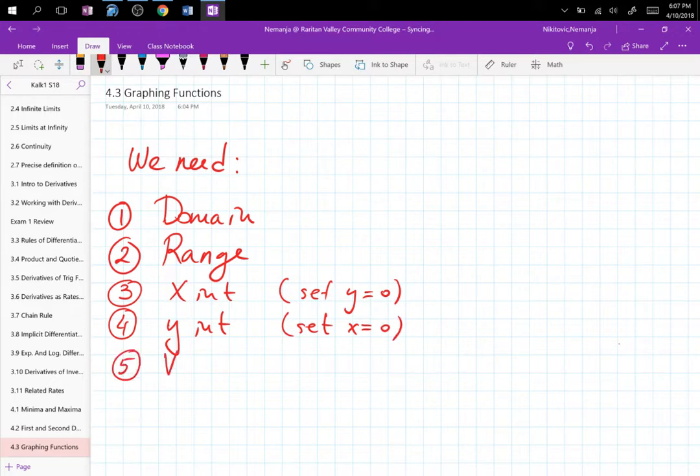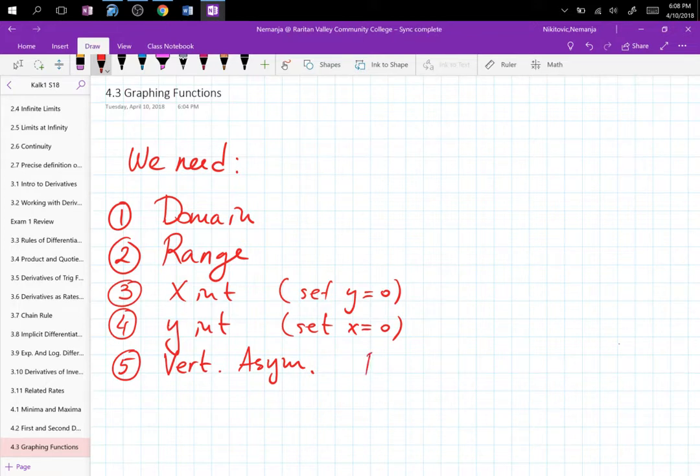Number 5, vertical asymptote. When it's obvious, and you can do it using the basic methods from pre-calc 1, do it. But when it's not obvious, you have to do the limit.